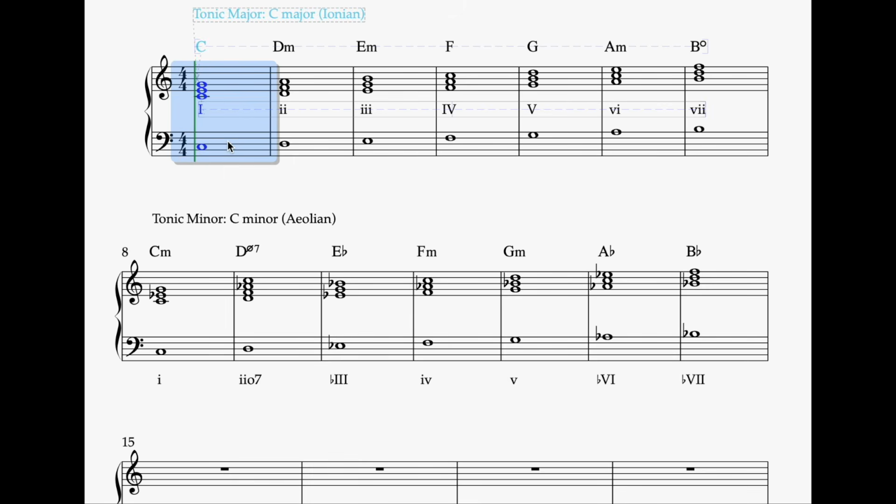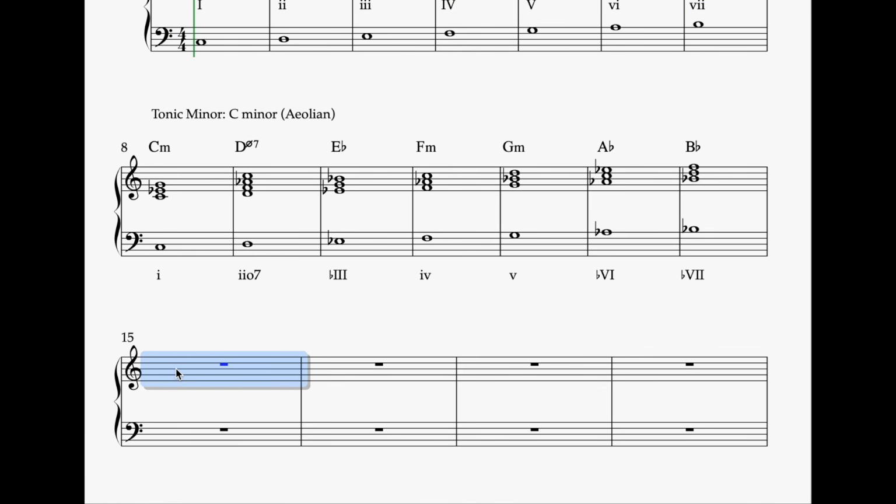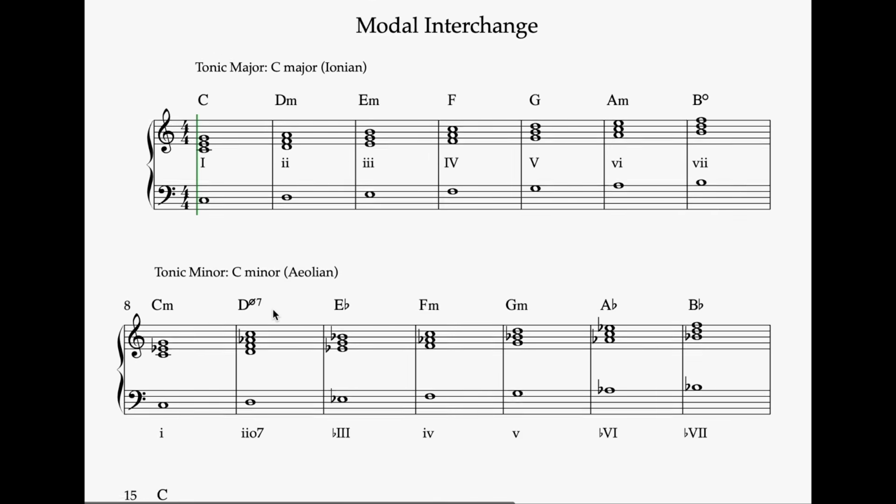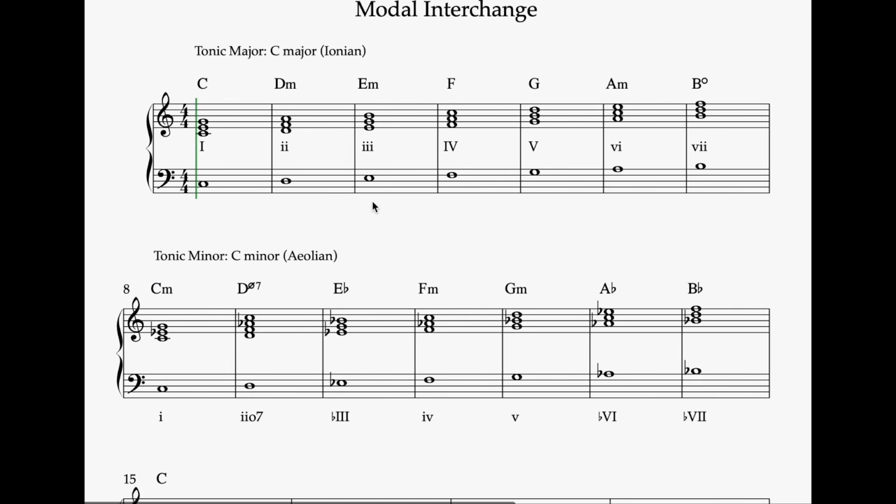let's choose some. So I'm going to start on chord 1. Now, instead of going to the dominant chord, which would be very common, I'm going to go to the tonic minor dominant, which is in fact a minor dominant, and I'm going to go to G minor. All right.